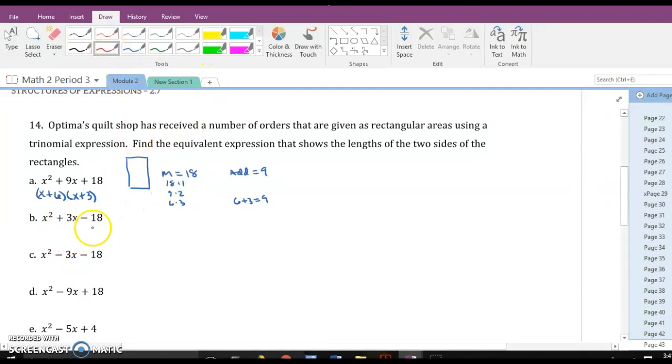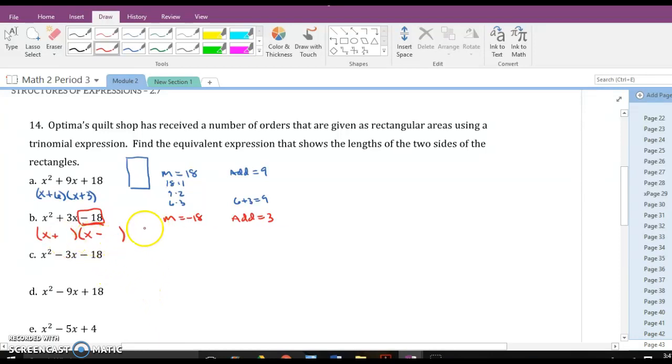But now what makes the next one tough is that we have to multiply to get negative 18 and then add up to give you 3. But what do we know about the signs of this? We said in the last exercise that right away, if c is negative, that tells us we have to have addition and then subtraction.